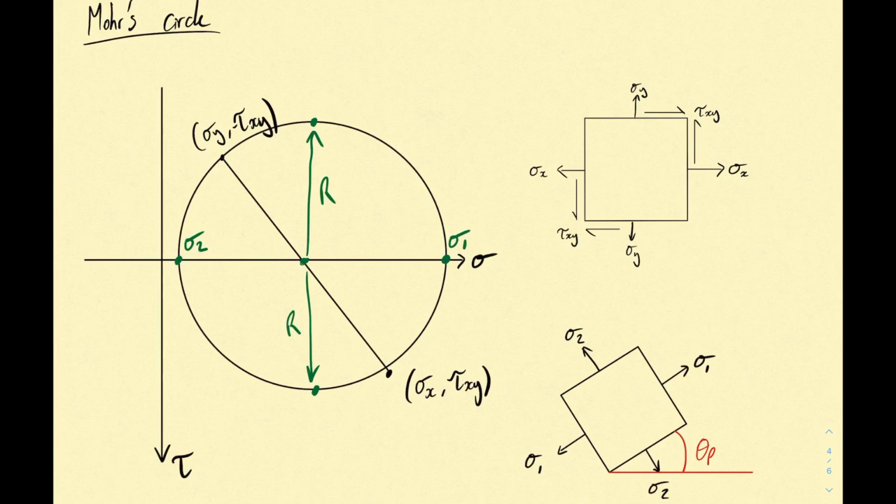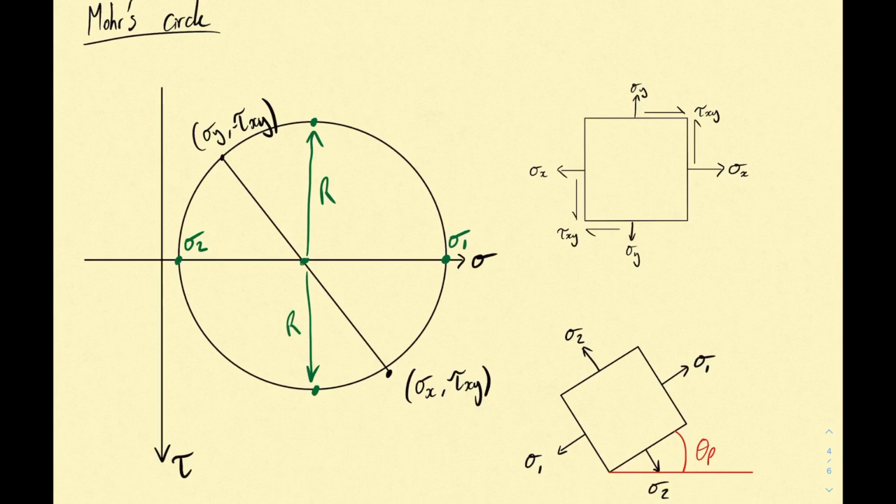The final thing that I want to talk about with the Mohr's circle here is the direction of the principal stresses, or theta p in the bottom right. So theta p is basically the rotation that would be required for your initial stress element to take it to the bottom stress element where there are 0 shear stresses.